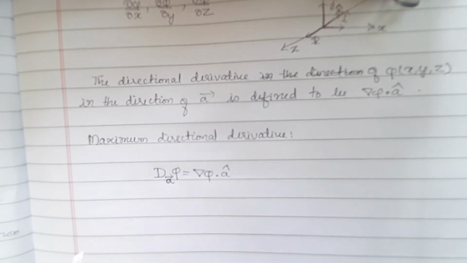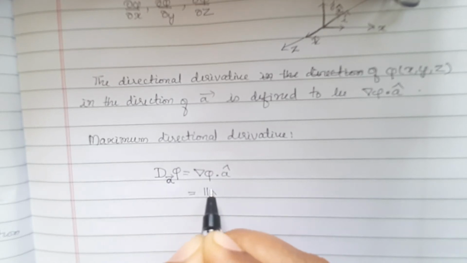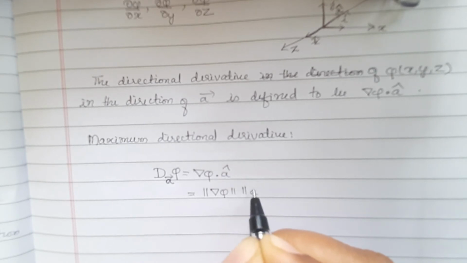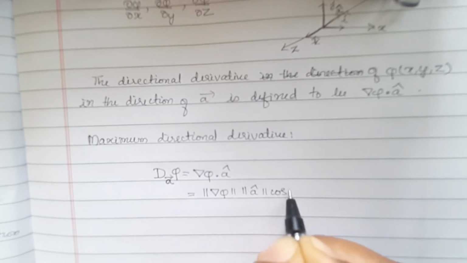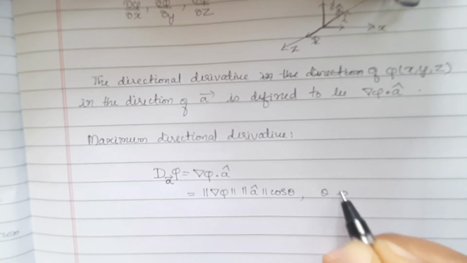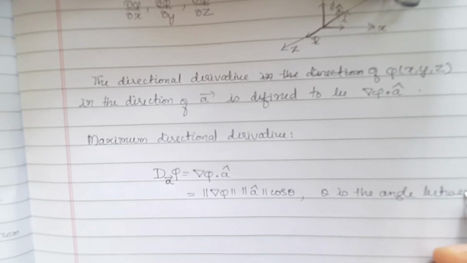Now, when will this directional derivative be maximum? Since I have a dot product, I will apply the formula for dot product. The dot product of any two vectors is the modulus of the first one into the modulus or the magnitude of the second one into cos theta. But what is theta? Theta is the angle between del phi and the vector A cap.